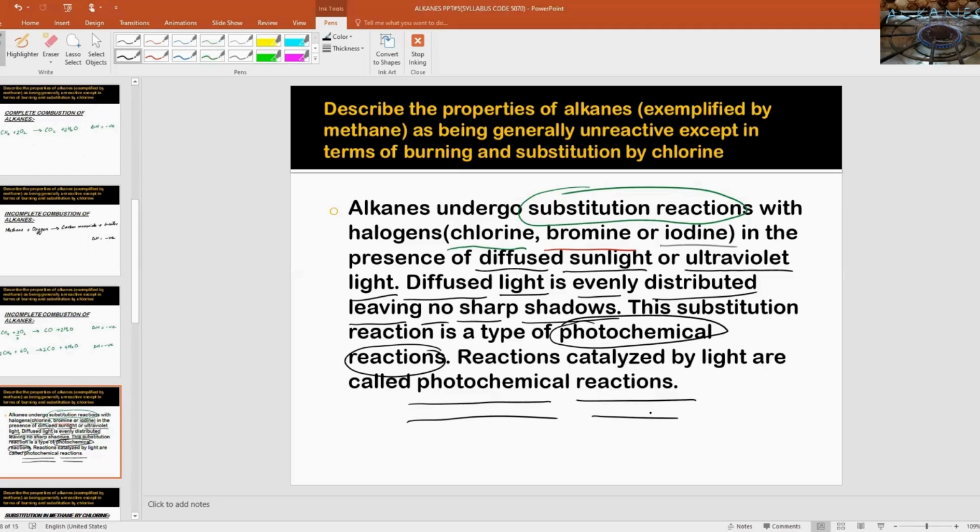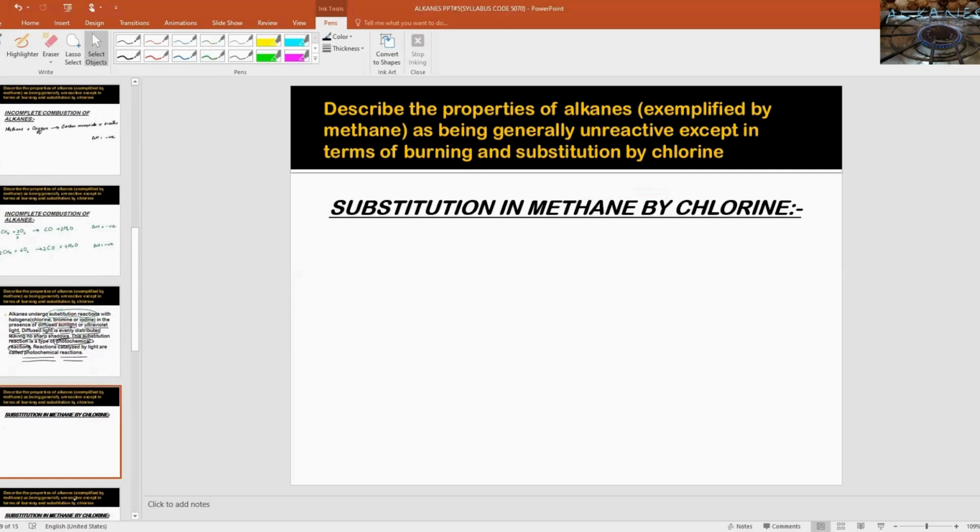Now I'm going to show this substitution reaction by halogens in methane. I am taking chlorine here according to the learning outcome. Let's write the displayed formula of methane. And this one is chlorine.